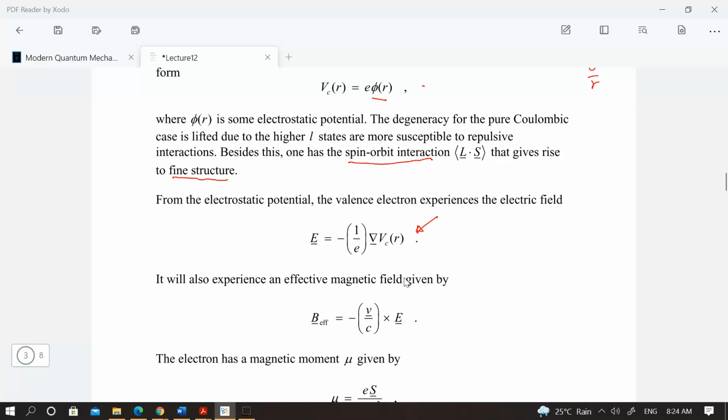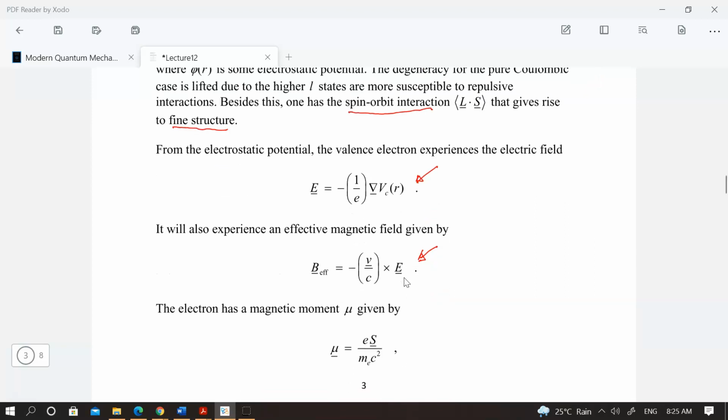So you have the electric field coming from the charges within the inner shells, and then due to the motion of the electron around the inner shells, it will also produce a magnetic field, from a term involving your electric charge with velocity v, taking the cross product with the electric field that is caused by the inner electrons.